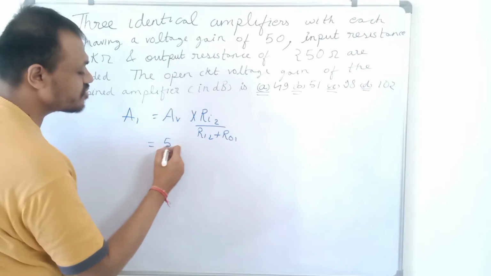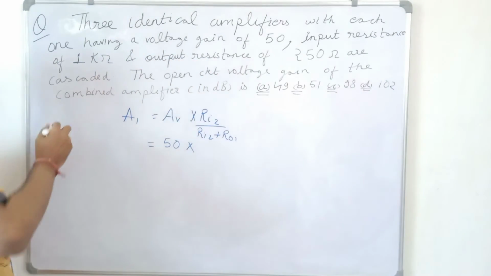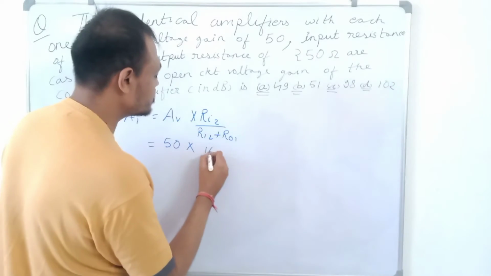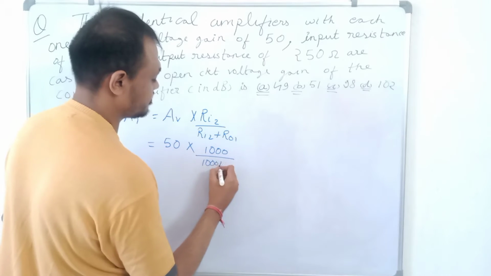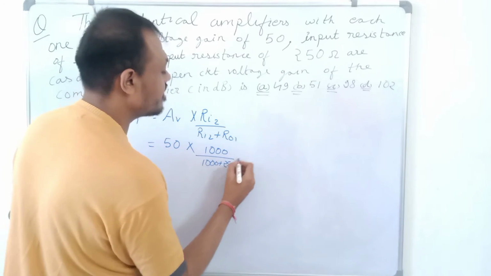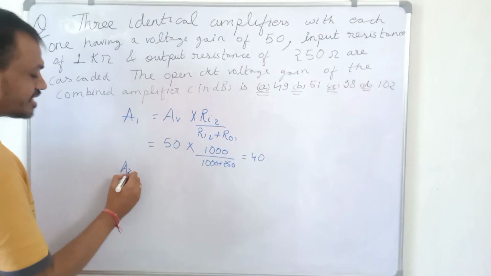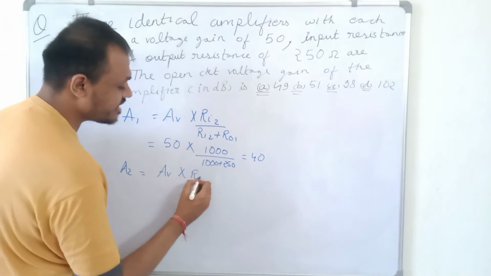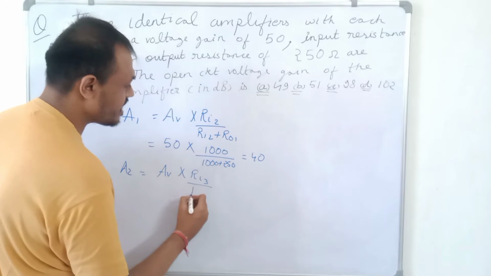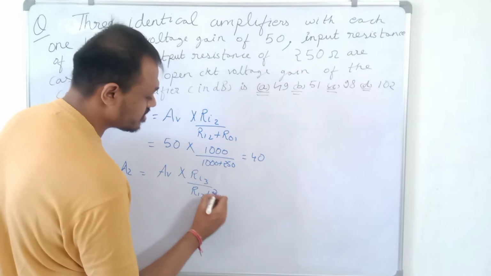So this is equal to 50 into 1000 upon 1000 plus 250, since the input resistance of each is 1 kilo ohm. So this will be equal to 40. Similarly, A2 will be equal to Av into Ri3 upon Ri3 plus Ro2.